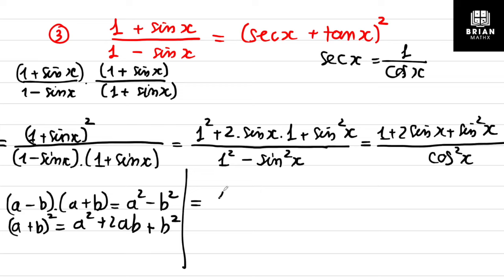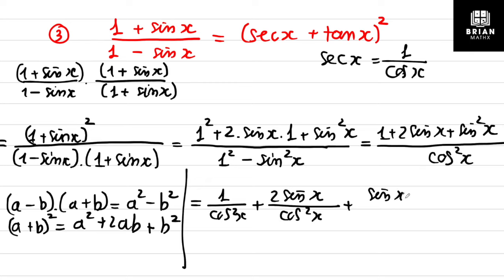The first fraction I've got is 1 over cos square x. The second one is 2 sine x over cos square x. And the last one is sine square x divided by cos square x. Something like this. From the one fraction, I will change it into three fractions with a common denominator.